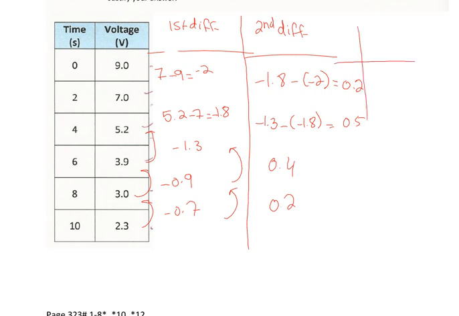Now when you do the ratio, remember that you're going to have to go back to your original y values, and then divide y2 by y1. Remember, back to the original.